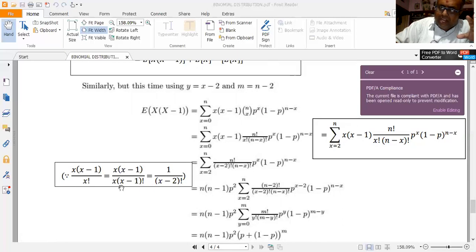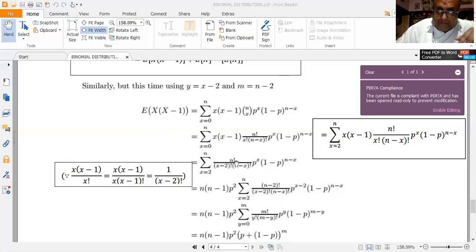Now in the denominator, x minus 1 factorial can be written as x minus 1 into x minus 1 minus 1 factorial. That gives me x minus 2 factorial multiplied by x minus 1 in the denominator. That x minus 1 and the numerator x minus 1 get cancelled out, and I am left with 1 by x minus 2 factorial, which I have written here.